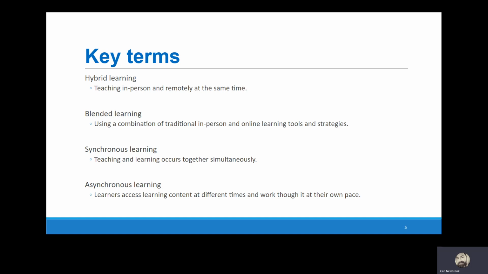What we'll be looking at today specifically is hybrid synchronous learning, so teaching in person and online simultaneously, which is quite tricky. We've discovered if you're new to it, it can be challenging.